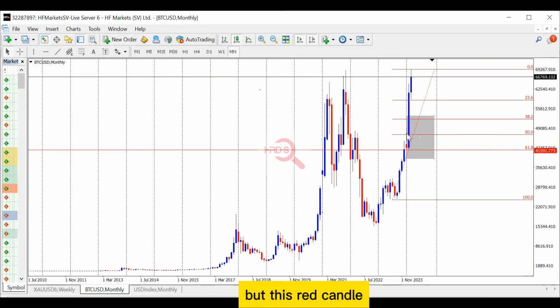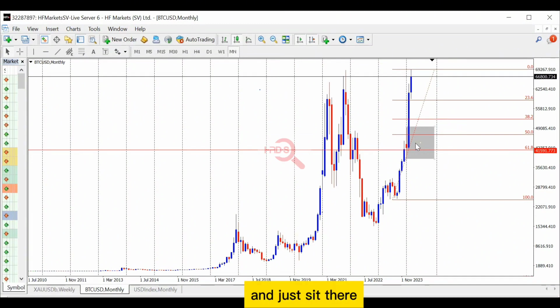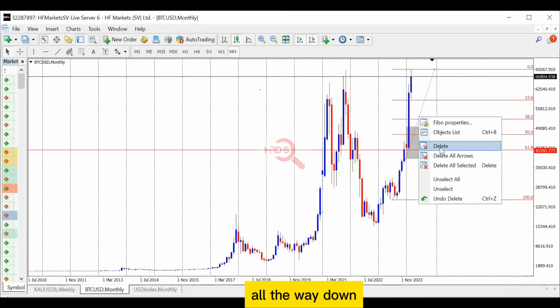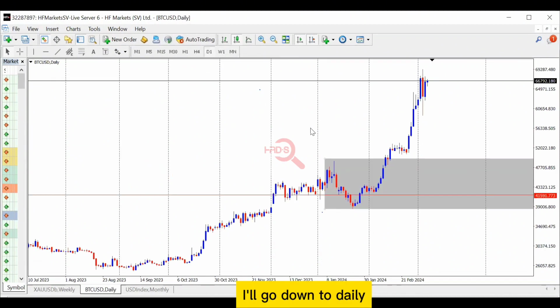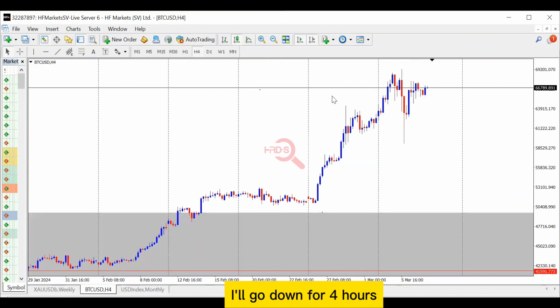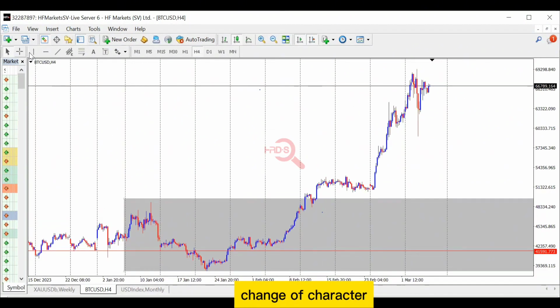But this red candle is another block that gave birth to the new high. So I will be watching this other block very closely so I can streamline my chart inside that red candle and just sit there and wait for price to come all the way down. So when price comes to this zone, I'll go down to daily, I'll go down to 4 hours and keep waiting to see what change of character.